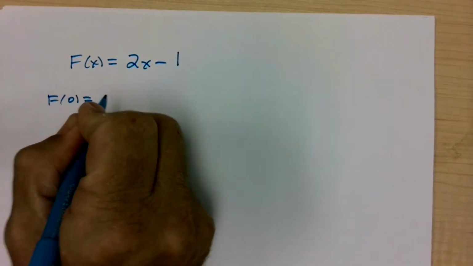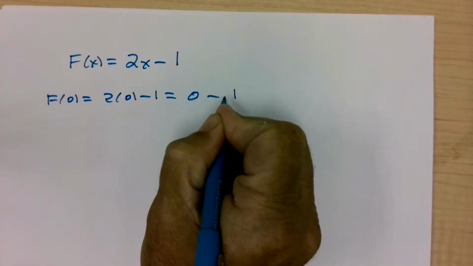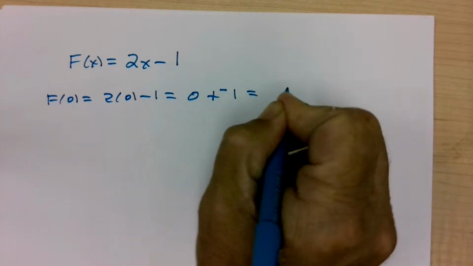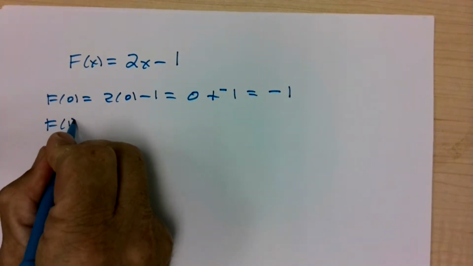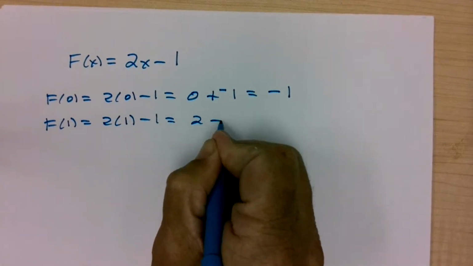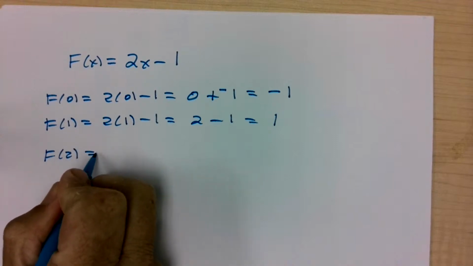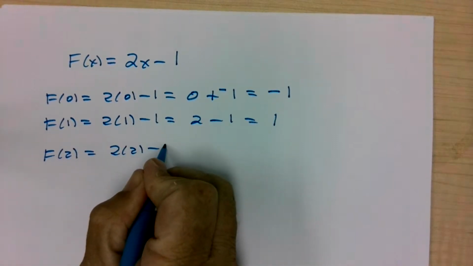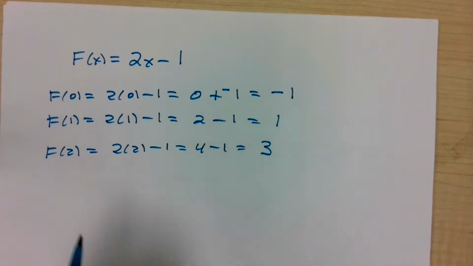F of 0 is 2 times 0 minus 1. 0 minus 1, or 0 plus negative 1, which is negative 1. F of 1 is 2 times 1 minus 1, which is 2 minus 1, which is 1. F of 2 is 2 times 2 minus 1, which is 4 minus 1, which is 3.